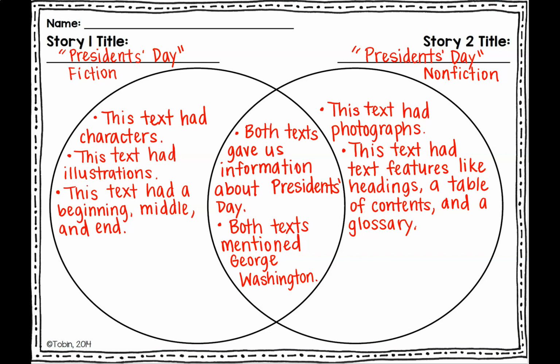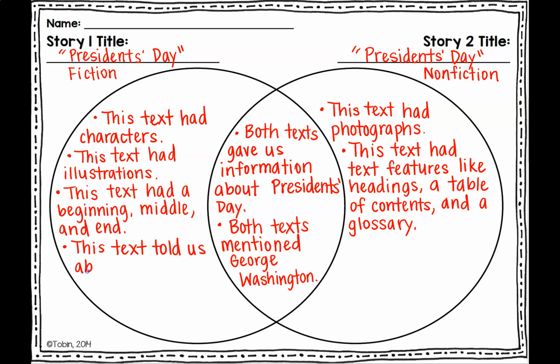Okay, now we talked about some of the things that make them different fiction and nonfiction wise, but let's think about the information they told us about President's Day. Let's think about which presidents both of the books mentioned, because they didn't mention the same ones. So if we think back to our fiction story, this text told us about the different presidents that the kids dressed up as.